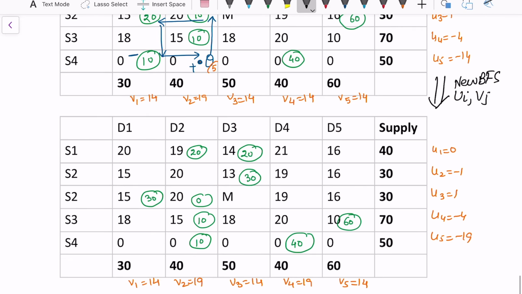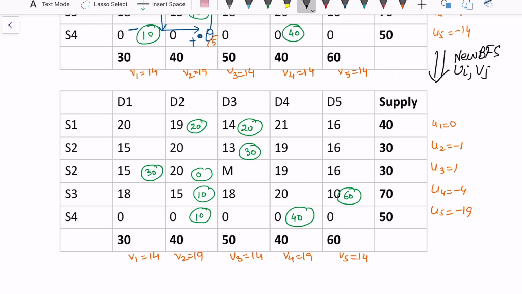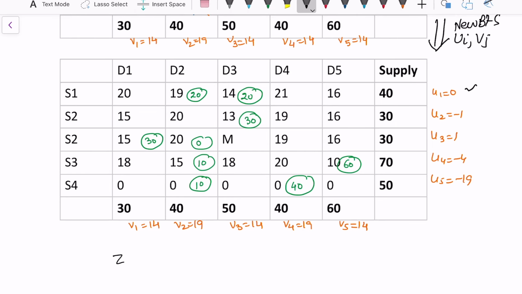Now, once we look at this table, we see all of the UiVj. This provides me that Zij minus Cij is less than or equal to 0 in the above table. All of them are negative in the above table, and hence this is optimal.